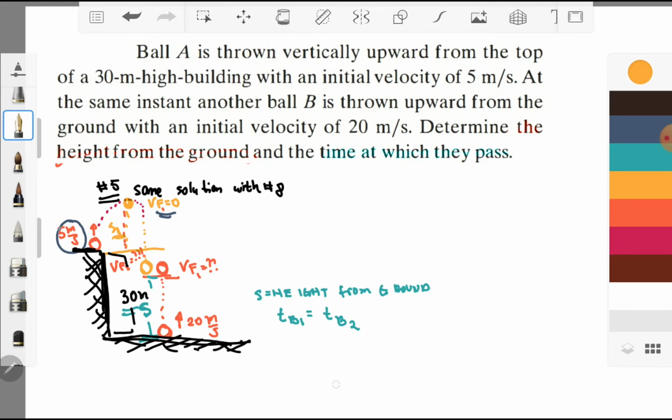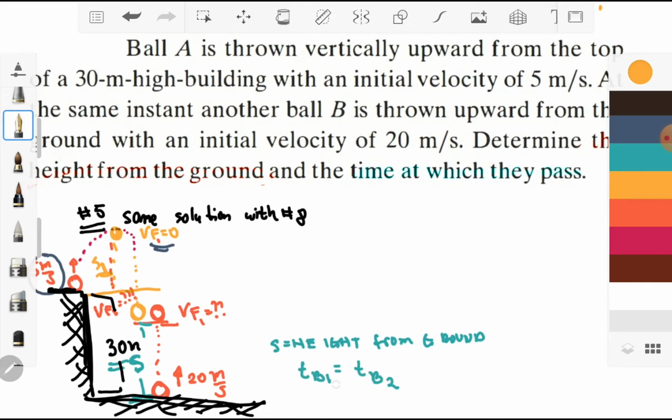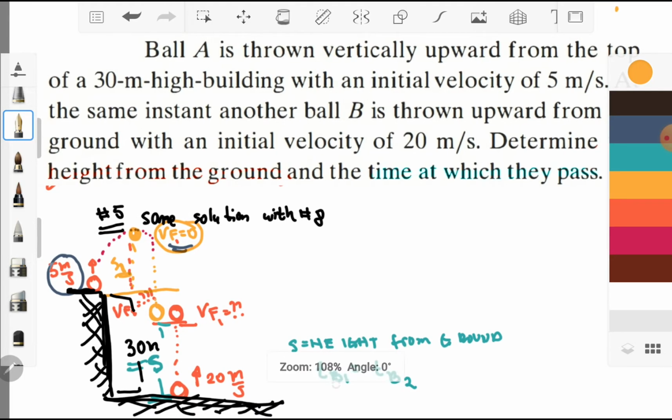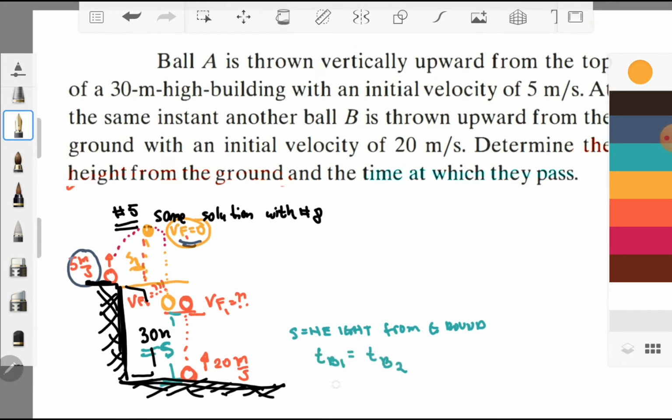Solving for this S1, so we all know that at maximum height at which your 5 meter per second ball will reach is just equal to VF squared less VI squared is equal to our 2 ag. So we are solving for max height of ball A. So this is our ball A, okay, and this is our ball B.